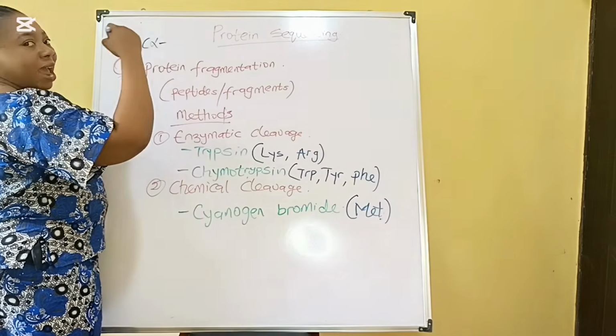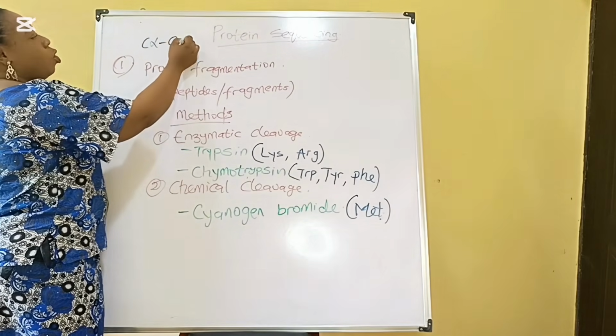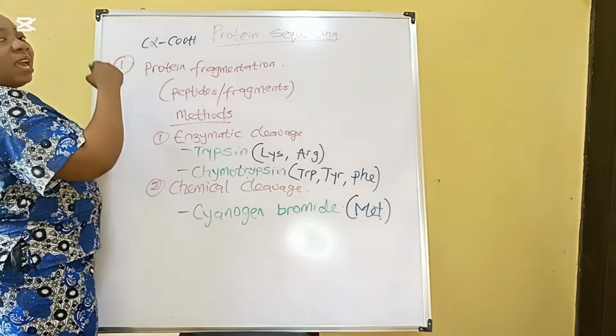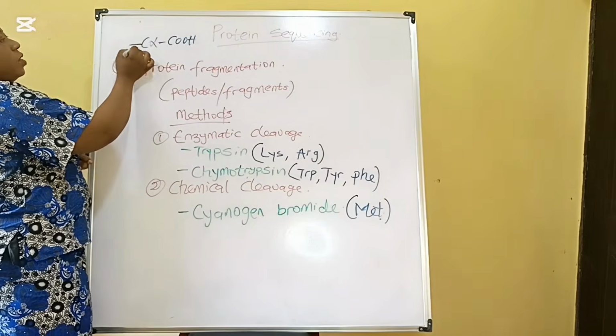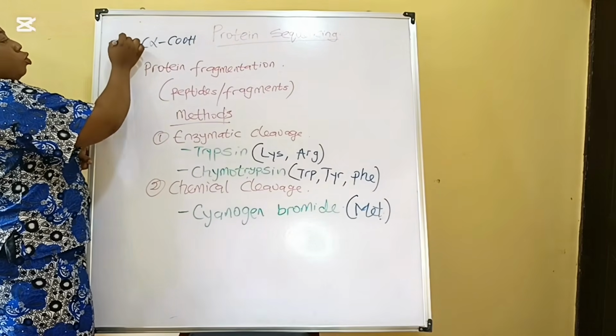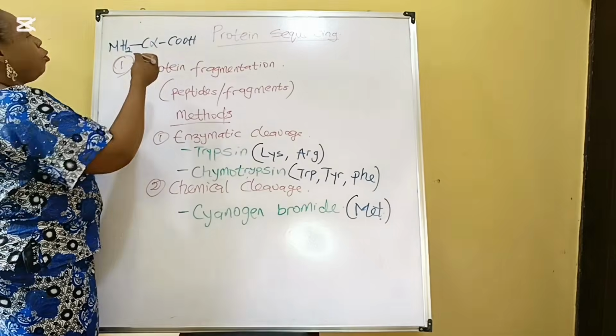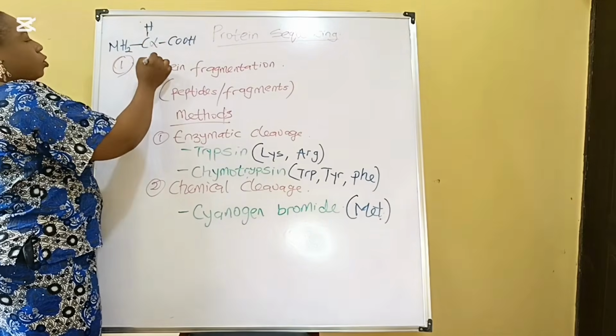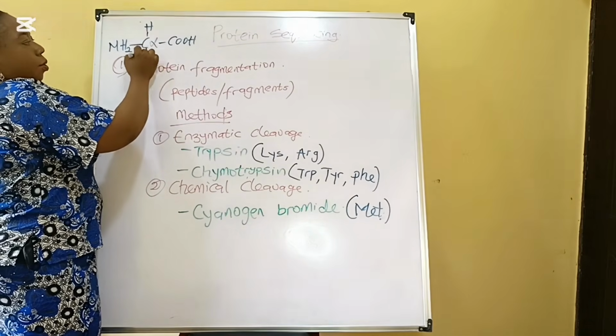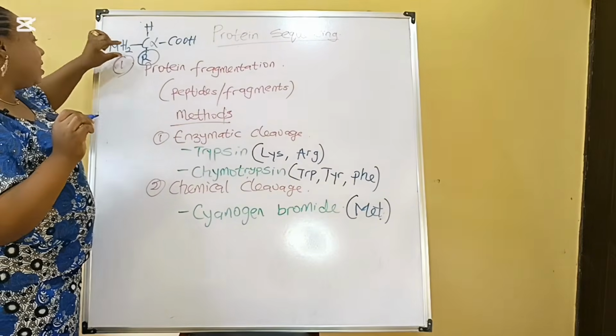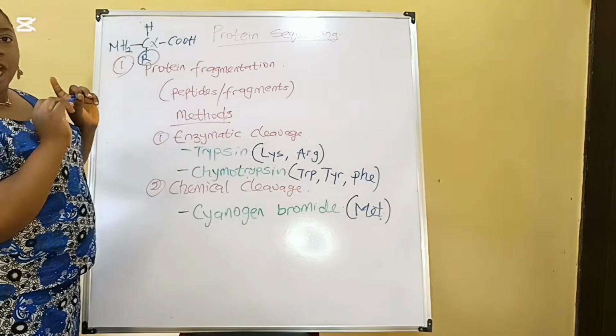To your right, we have the COOH, which is the carboxyl group. To your left we have the NH2, which is the amino group. Then you have the hydrogen atom and your R, which is the side chain, and it is this R that will be changing.